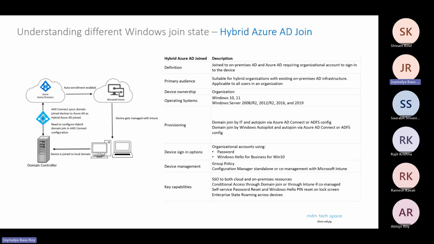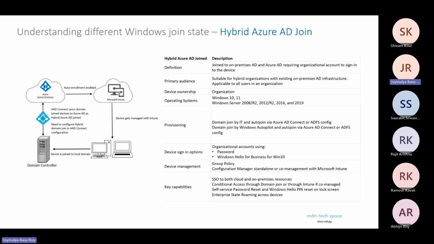So Azure AD joined case में we can sign in with both a synced account as well as a cloud account. But in case of hybrid Azure AD joined cases, when we are doing a sign in with a corporate account, we can only do a sign in with a synced account. We cannot do a sign in with a cloud account.